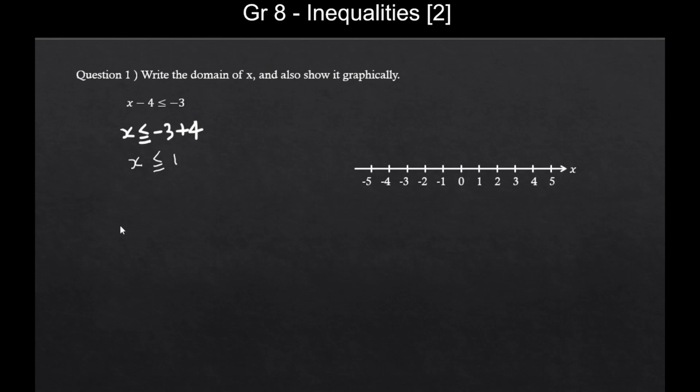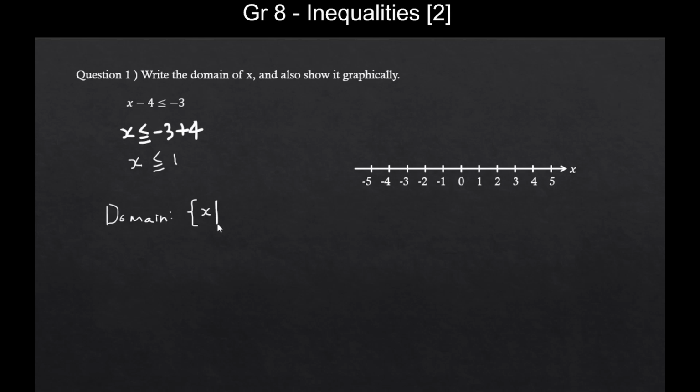Now I'm gonna show you how to write a domain. So our domain is, I'm gonna use a pointy bracket and I'll introduce our variable x, and then I'm gonna put a wall here.